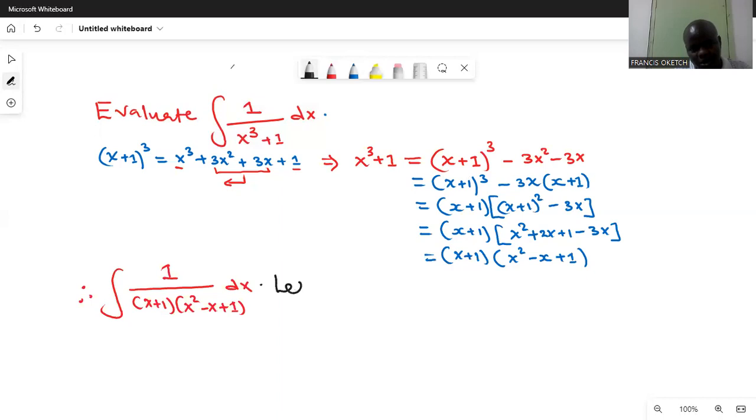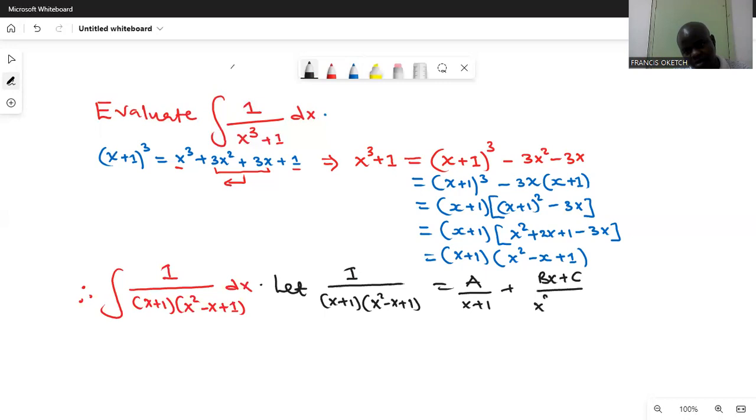So we are going to say let 1 over x plus 1 times x squared minus x plus 1 be equal to a over x plus 1 plus bx plus c over x squared minus x plus 1.